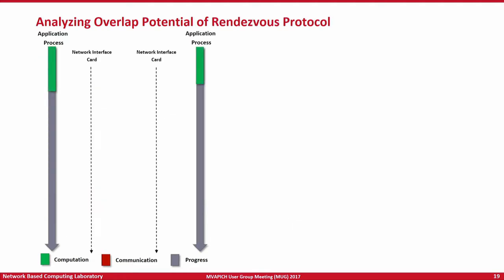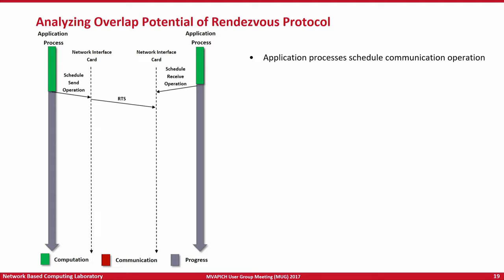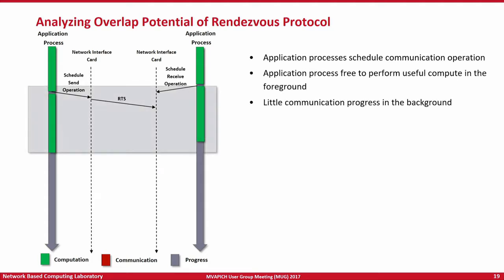But the problem here is, when the RTS arrives, the receiver process may not actually be inside the MPI library to progress the communication. So you have your oops moment here. The application writer might have written the application assuming there is great potential for overlap, but because of the internals of the MPI library, the application developer is actually getting zero overlap here, which means that almost all of your data transfer is going to happen when the MPI process enters the wait operation.